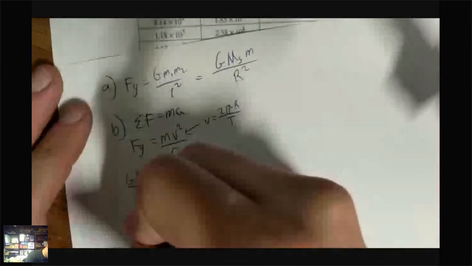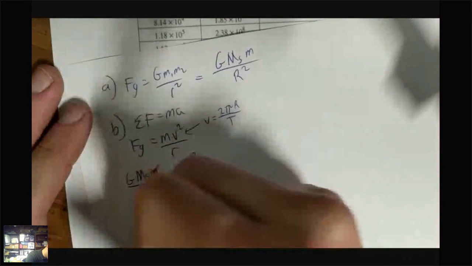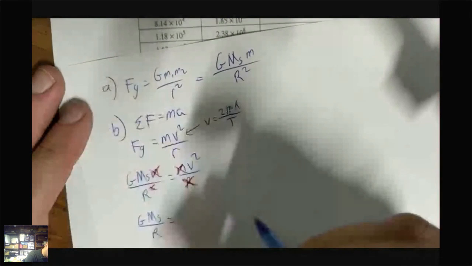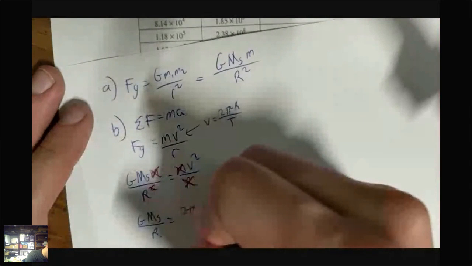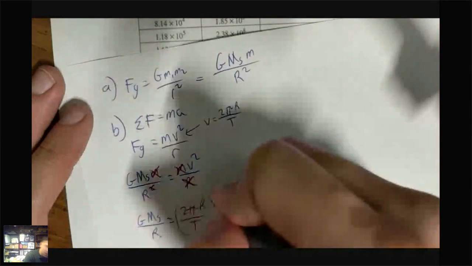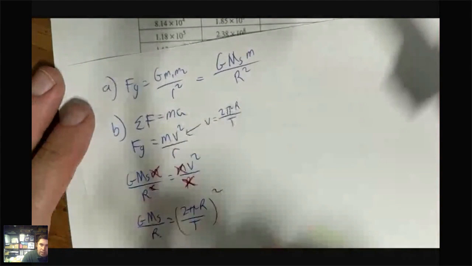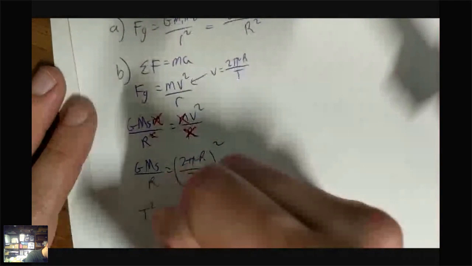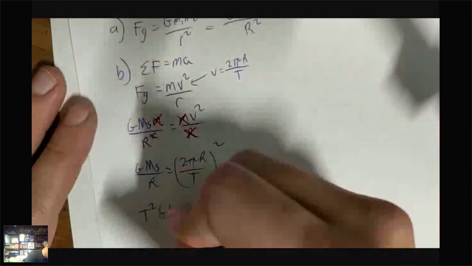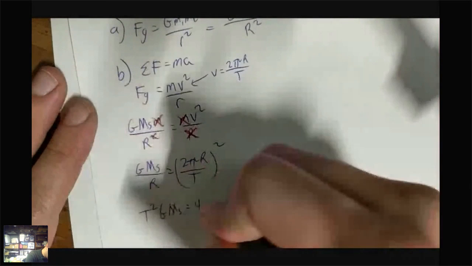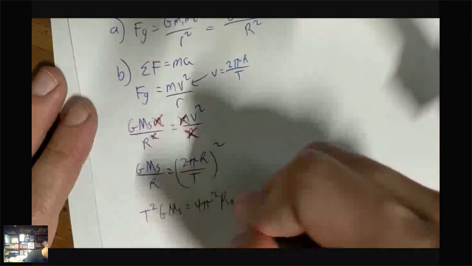And then we'll get G mass of Saturn over r equals v squared, so I'll plug in that v term, 2 pi r over T. And then square everything, cross multiply. T squared times G times the mass of Saturn is 4 pi squared r cubed.